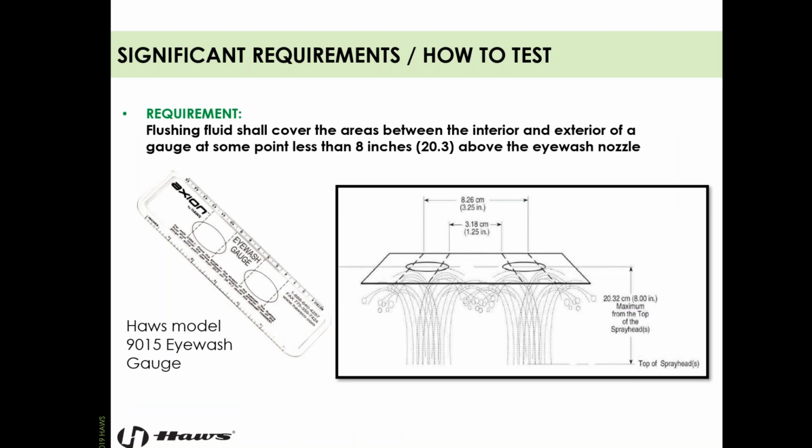Now, the way that we're testing this, and we want to make sure that it's usable anthropometrically, right, based on average human measurements of the body, this was designed and given to us directly from the ANSI standard. This is an eye wash gauge design, and that's exactly what us and many of our competitors designed our eye wash gauges based on, to ensure that the flushing fluid is covering the areas between the interior and exterior of a gauge at some point under 8 inches.